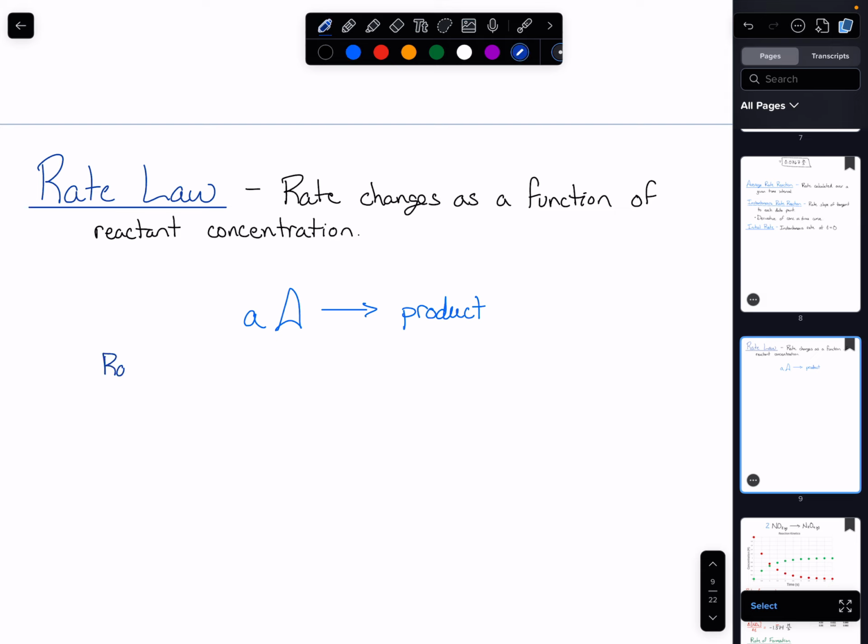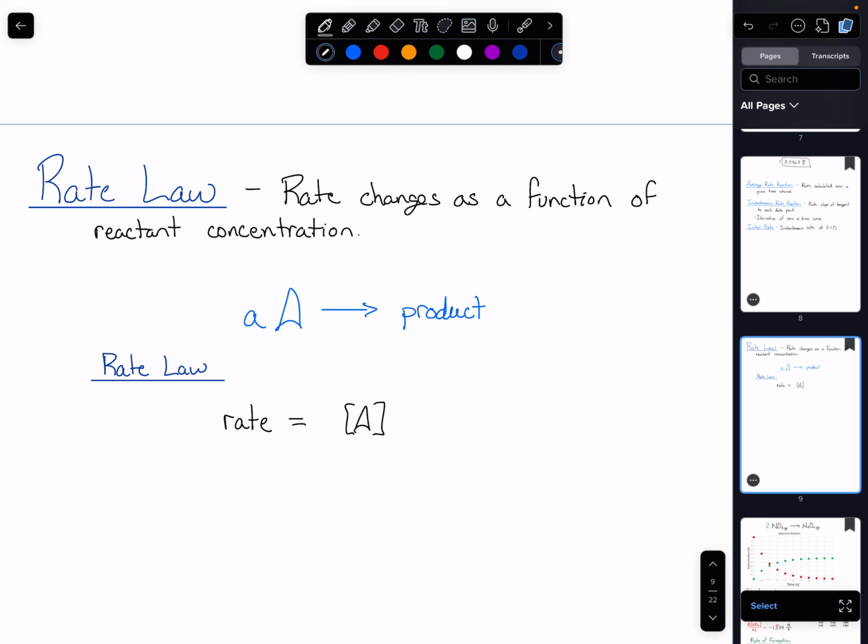My rate law is going to be this function that relates the rate of this reaction to the concentration of that reactant. It turns out that if you study a whole bunch of different reactions, they all fall into the same sort of pattern for what the rate law looks like.